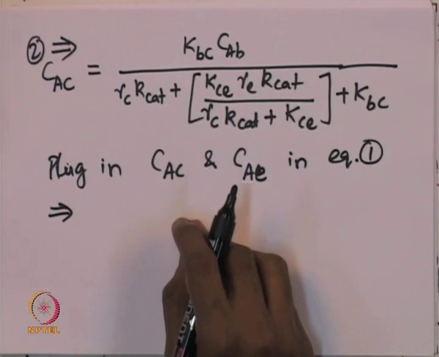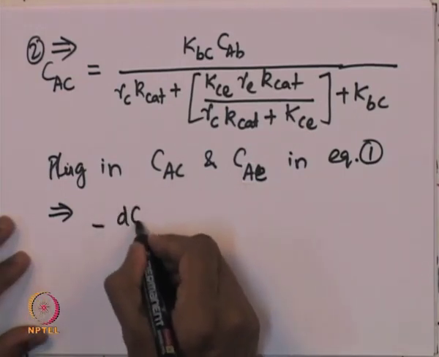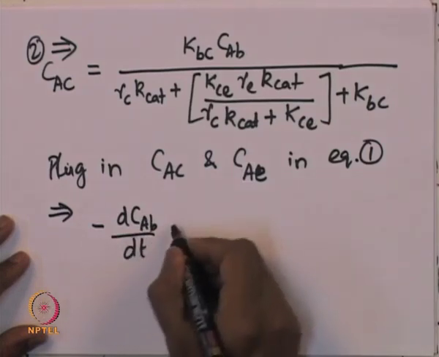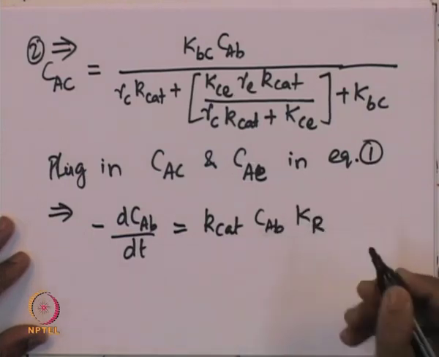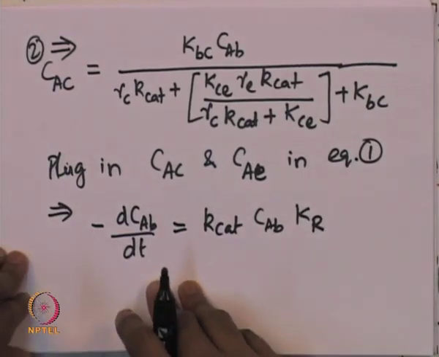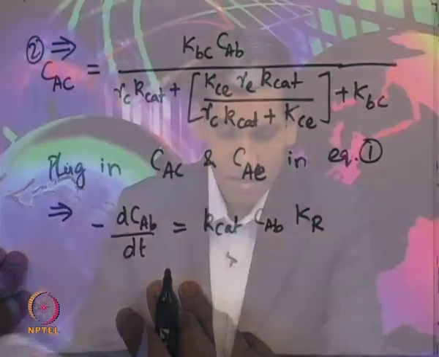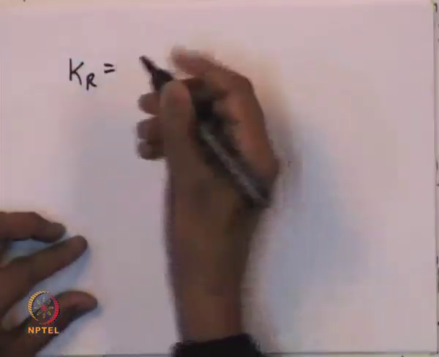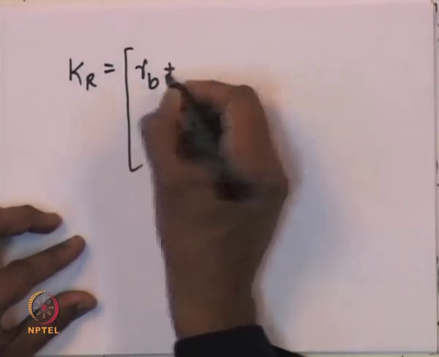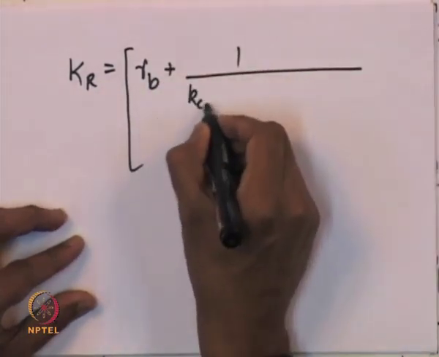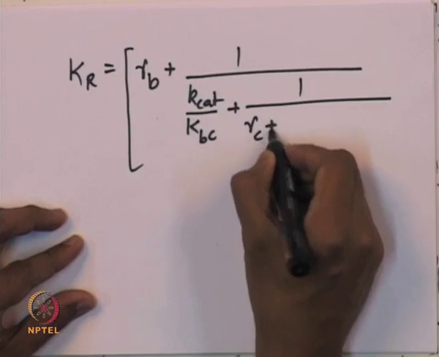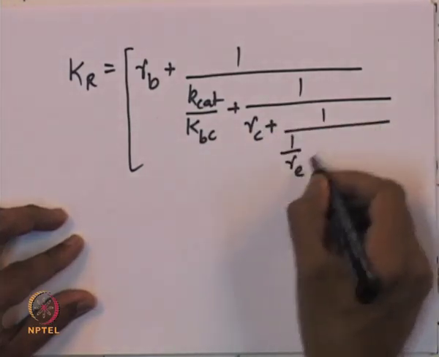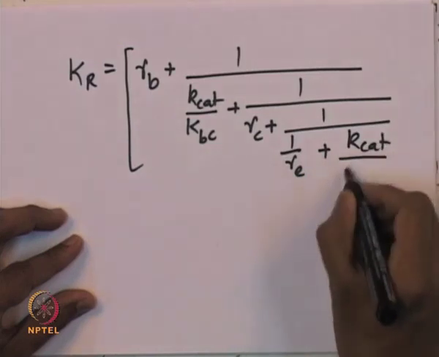So, what we can find is that minus dC_AB by dt is equal to K_cat into C_AB into some overall constant Kr, and this Kr is essentially given by 1 divided by gamma B plus 1 divided by K_cat by K_BC plus 1 divided by gamma C plus 1 divided by 1 by gamma E plus K_cat divided by K_CE.